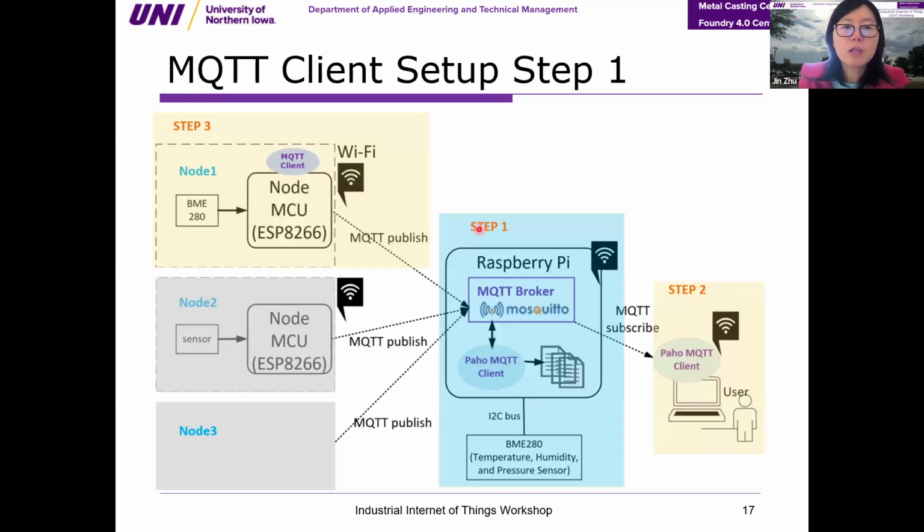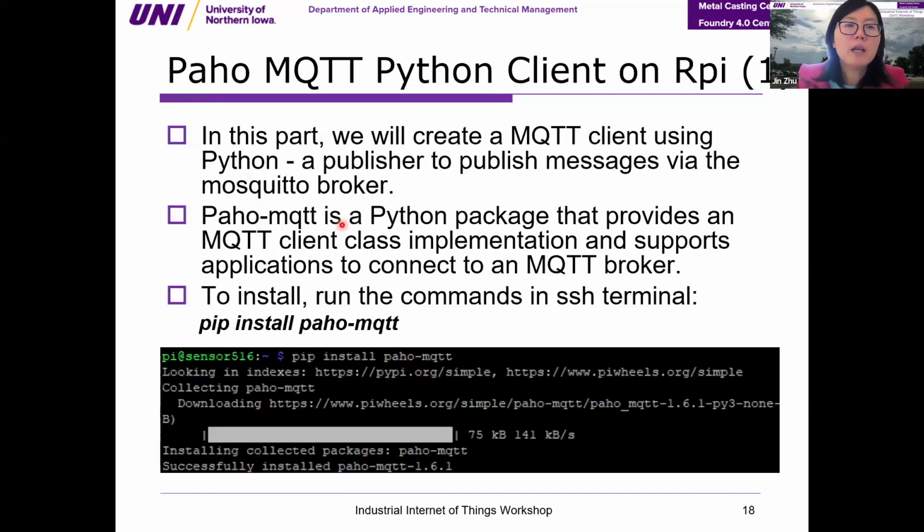Okay, so the first step. What we want to do over here is install the Paho MQTT package first. So we'll just use pip again, use pip to install the package.